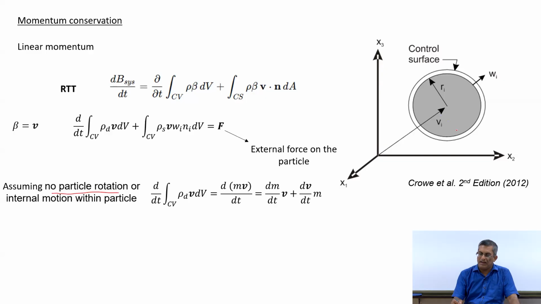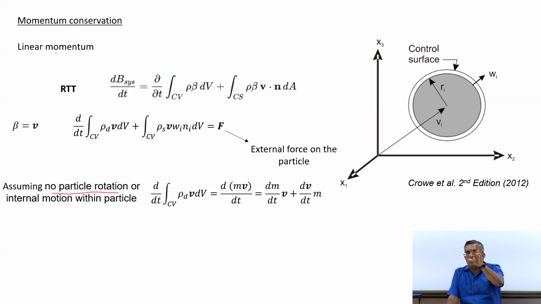If the particle rotates, then what would be the velocity? The particle is translating as well as rotating. In that case, every point on the particle will have a different velocity.